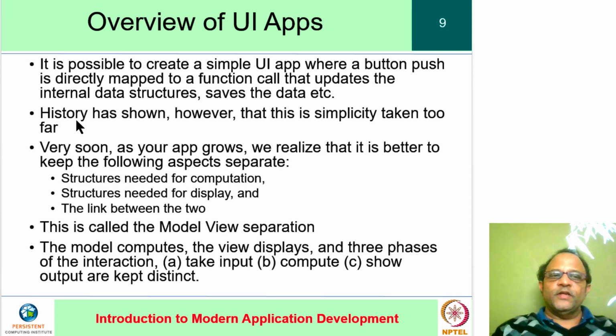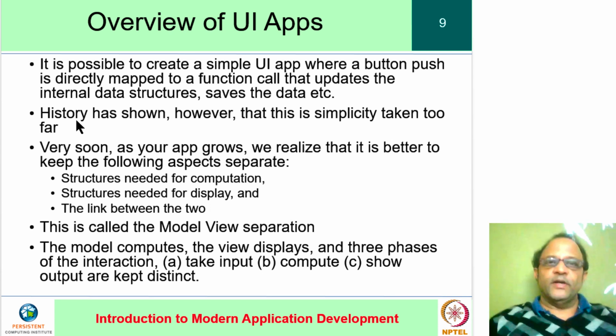However, experience has shown that while it is easy to get started with a program where UI controls like buttons and text fields directly trigger functions, such apps become unmanageable as new requirements arise. What happens is that the programmer for every button is thinking in terms of that button and not in terms of the big picture.